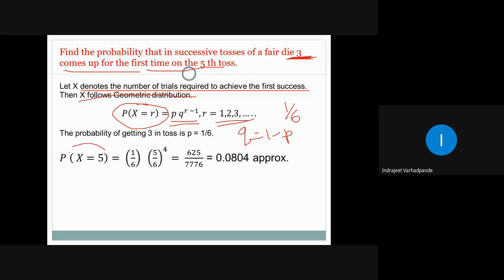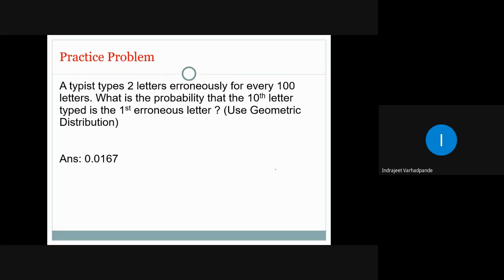So success has to happen on the 5th trial, so p into q to the power 5 minus 1. 5 minus 1 is 4, and that answer comes out to be 0.0804 approximately. So this is also one of the examples wherein we try to find the answer with the help of the geometric distribution.